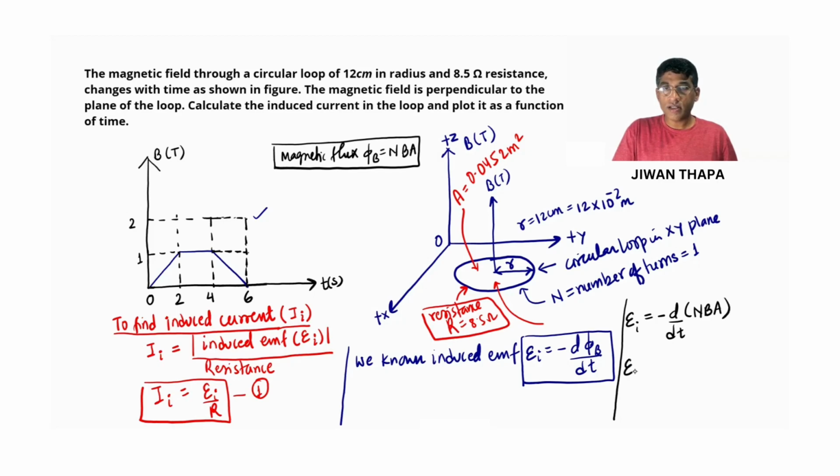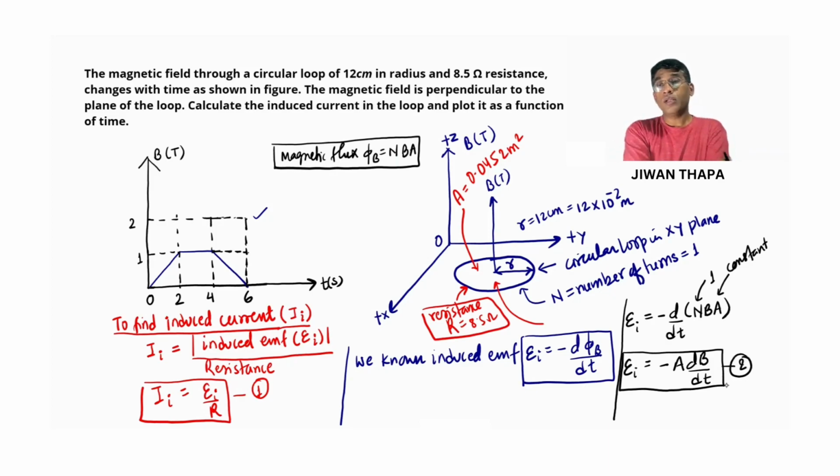So we can write E_i equals minus, taking the area outside since it is constant, A d B by dt. Let us call it equation 2.